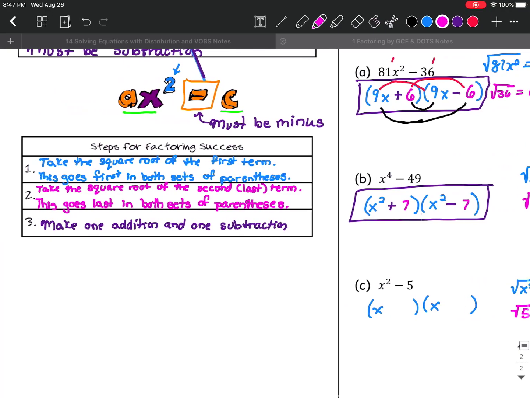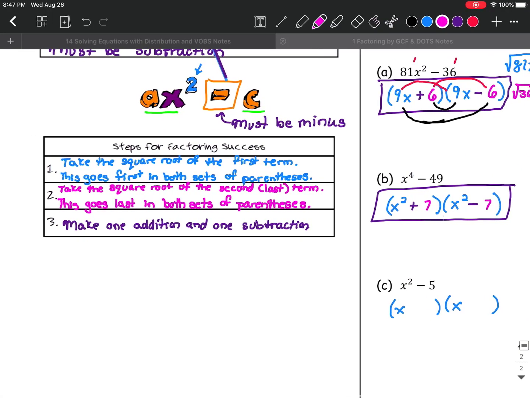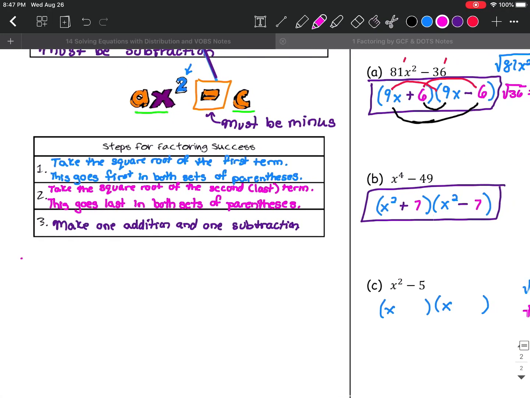Do you know how to find your perfect squares, right? If you want to know what your perfect squares are, by the way, just start doing it. 1 squared, 1 times 1 is 1. 2 squared, 2 times 2 is 4. 3 squared is 9. 4 squared is 16. 5 squared is 25.